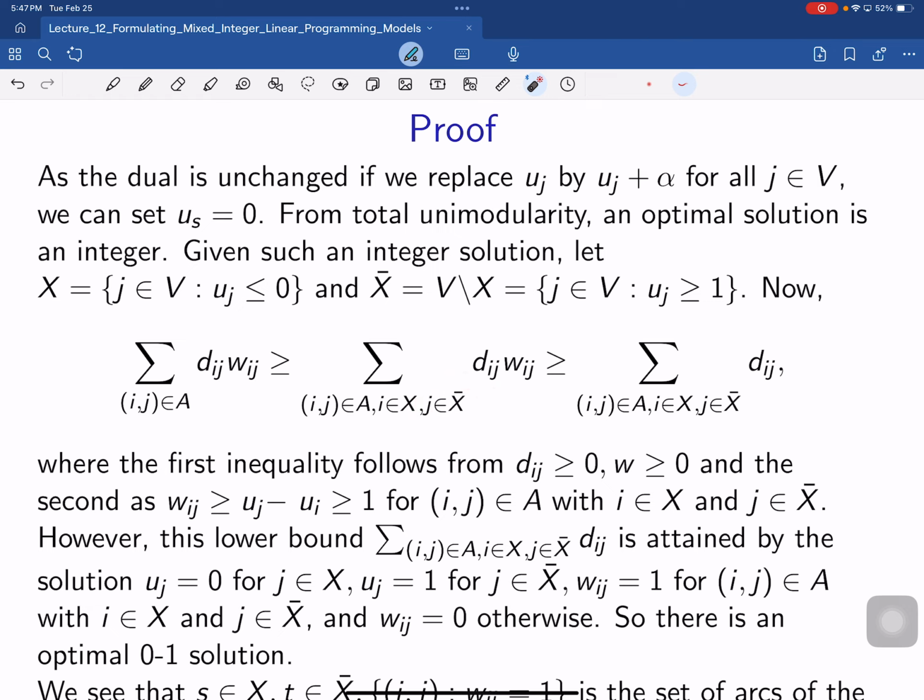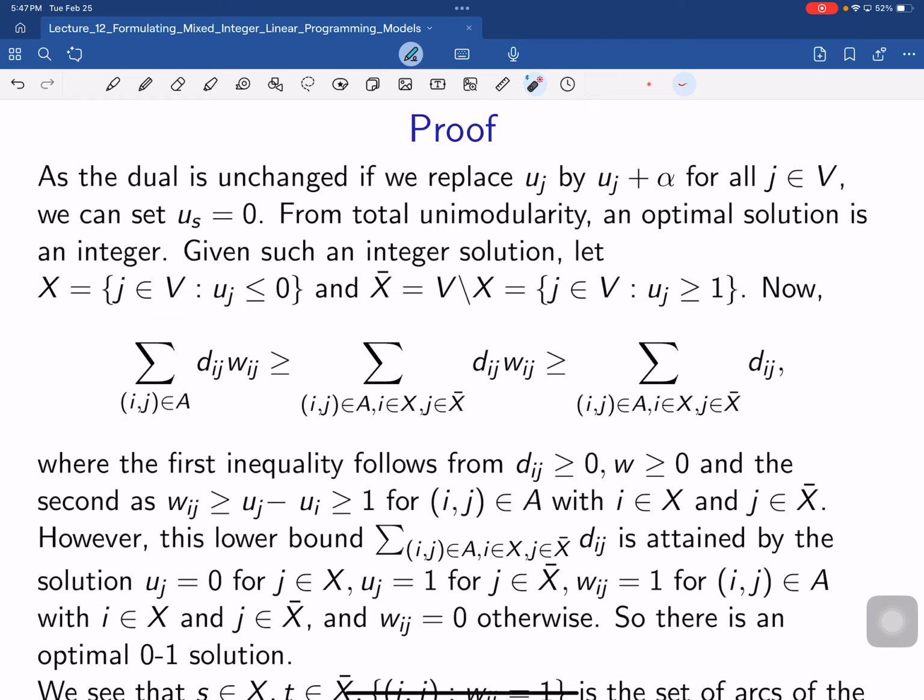As you can see, this summation is sort of a subset of this summation. You are reducing the number of edges in this summation because you add more constraints on i and j. Why does this hold? Because wij is greater than or equal to 0, and dij is greater than or equal to 0. If you have a subset of the summation, it should be less than or equal to the original objective.